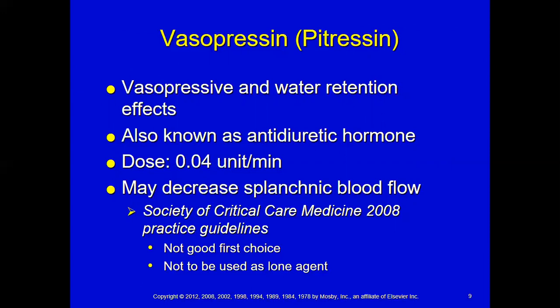It's made to clean stuff out. So this is not our first choice to give as a lone agent, but in emergent situations when they're coding, this is great. As a backup to levofed, it's another good med, okay?